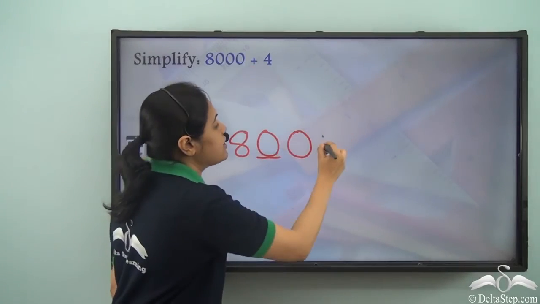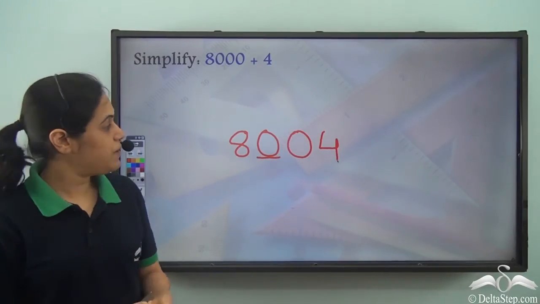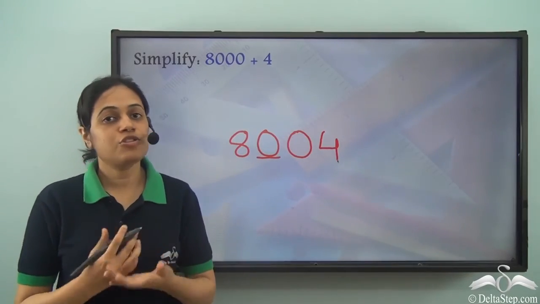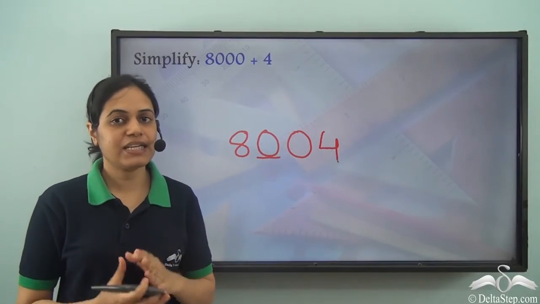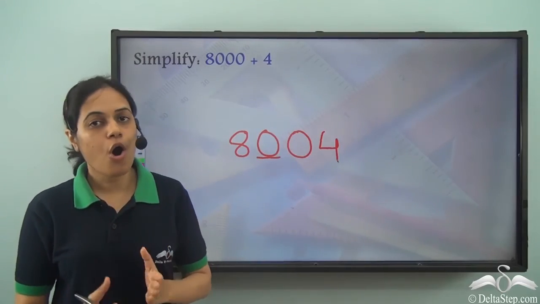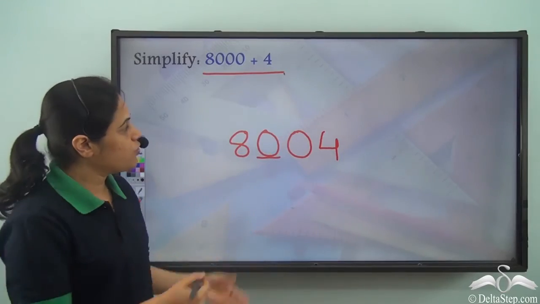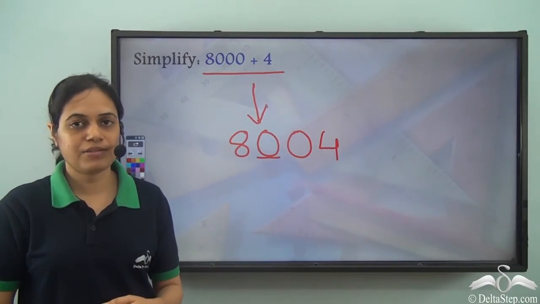That means 4 ones. So I can simply write a 4 here. So the simplified form is 8004. So this is how, given any 4-digit number, you can write the expanded form of the number, or if the expanded form of the number is given, you can write the 4-digit number from that.